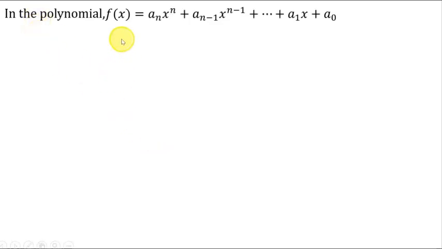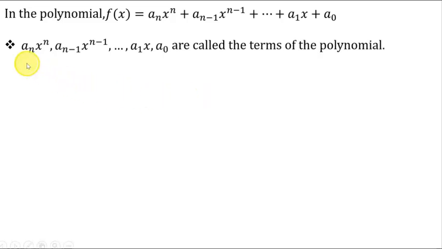In the polynomial f of x, a suffix n into x raised to n plus a suffix n minus 1 into x raised to n minus 1 plus dash dash plus a1x plus a0. Okay. Now what is here? a suffix n into x raised to n, a suffix n minus 1 into x raised to n minus 1, dash dash a1x and a0 are called the terms of this polynomial.